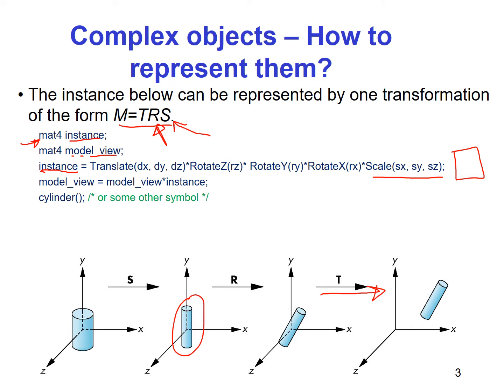So this is scaling, then rotation about x-axis, y-axis, z-axis. We can apply them in different order to achieve a desired rotation, and translation is the last one applied. And once we have this instance transformation matrix, we can use it to update the model view matrix, and that is the one that is passed on to the vertex shader. This could be applied to cylinders or to any other object.